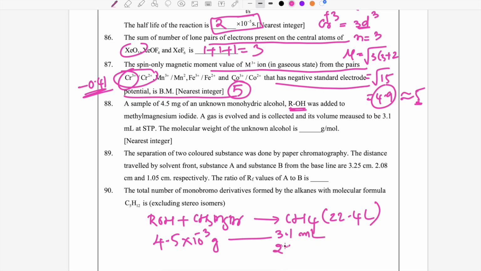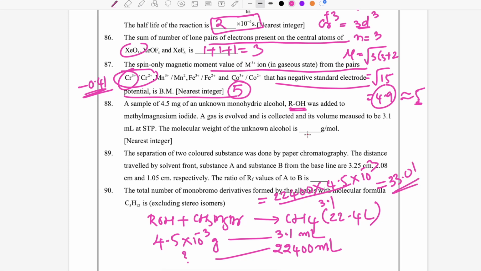If 22,400 milliliters is given by the mass of 1 mole, we can solve it. So 22400 into 4.5 into 10 power minus 3, divided by 3.1. On solving this we get 33.01 something.